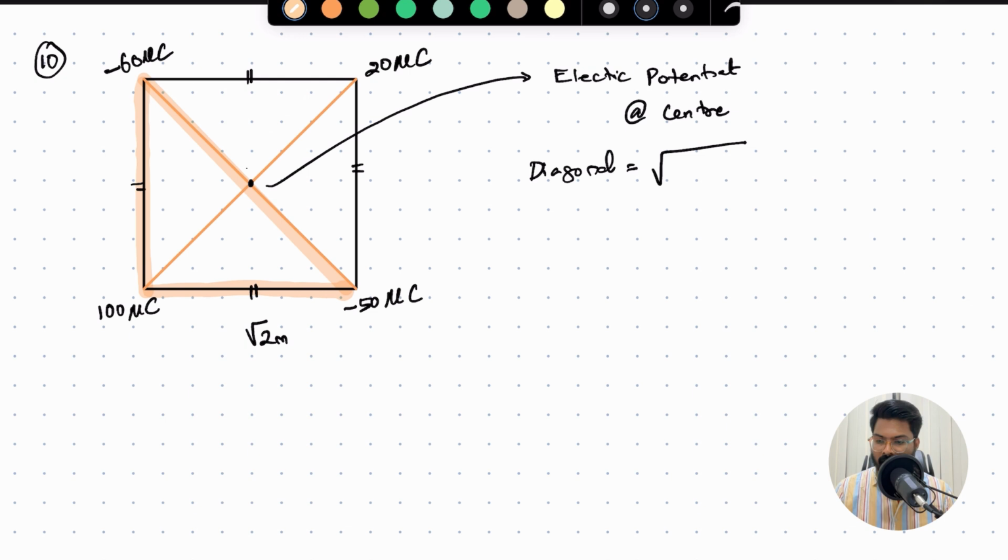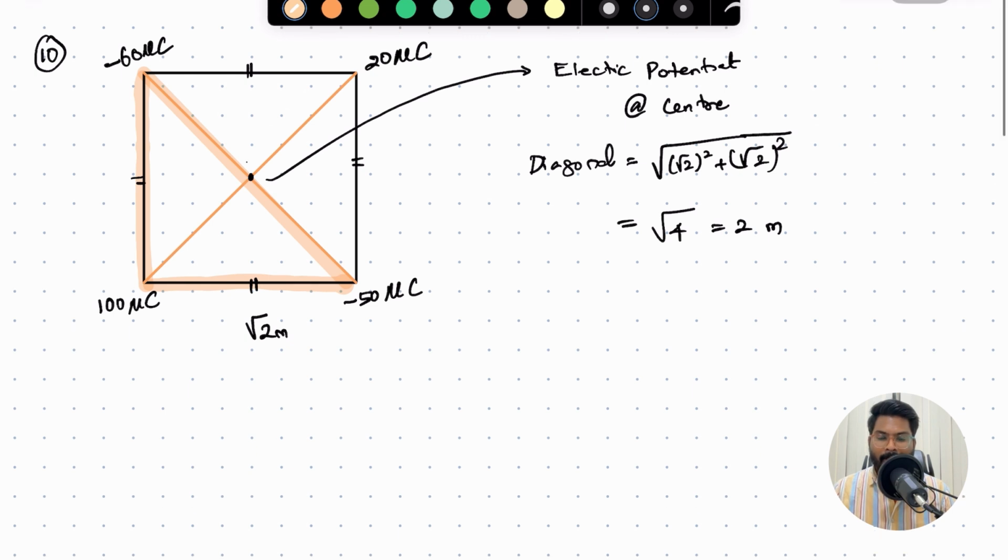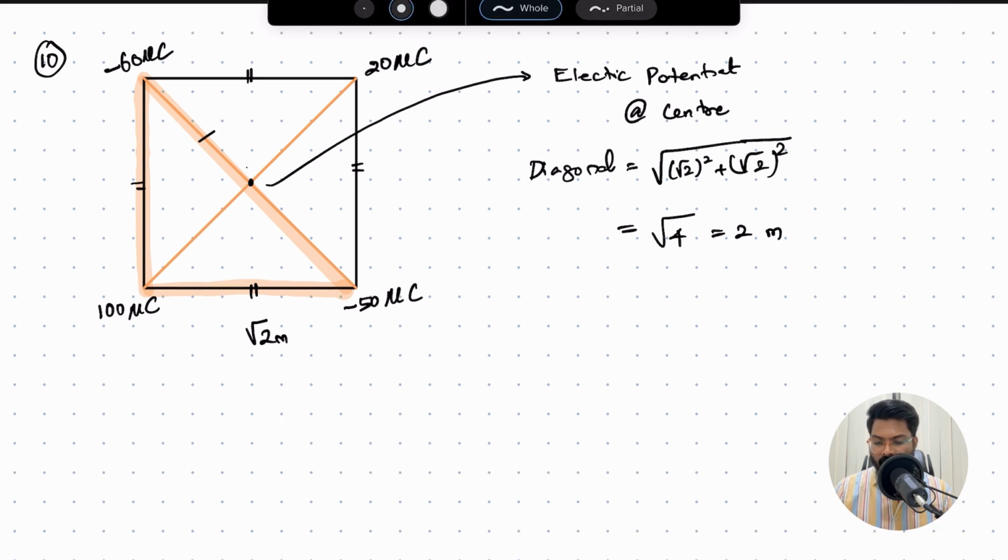So we do this as √2 squared plus √2 squared, which is the square root of 4, that is 2 meters. That is the diagonal. Then we could split that into 1 meter, 1 meter. So the charges are at a distance of 1 meter from the center.